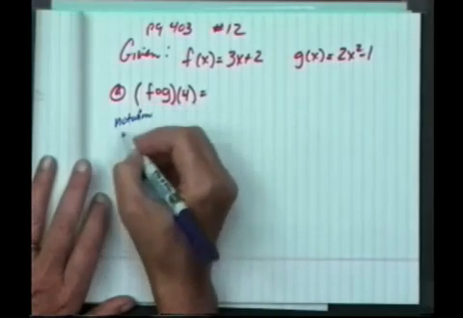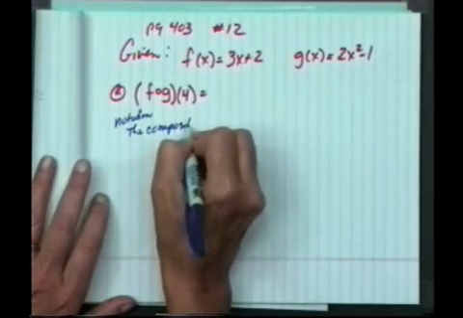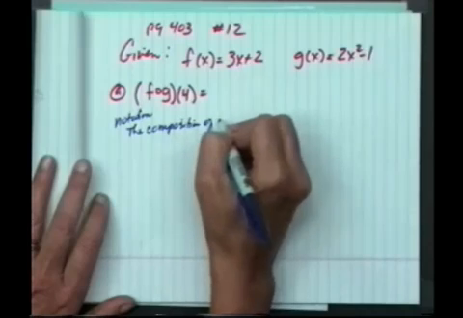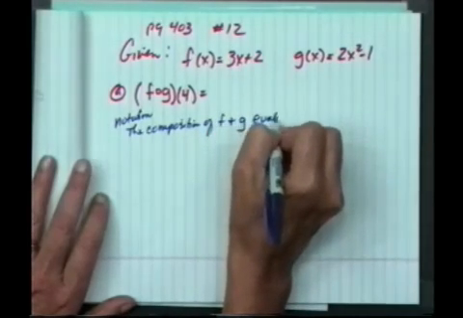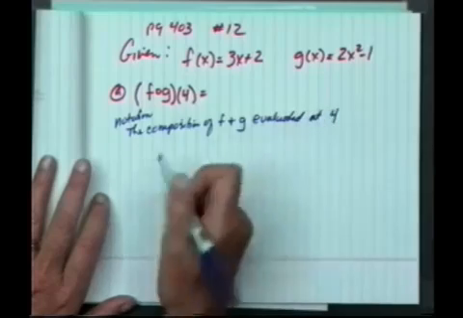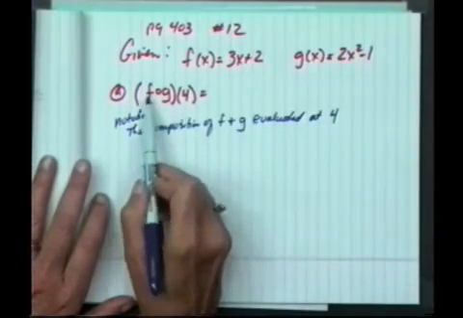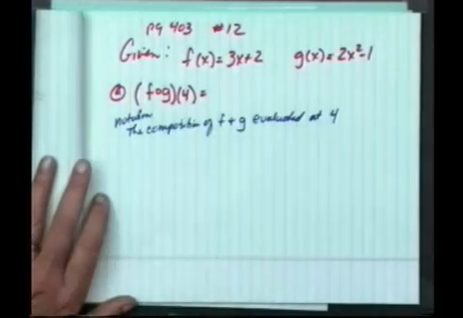It says the composition of f and g evaluated at 4. That's the way you read that.